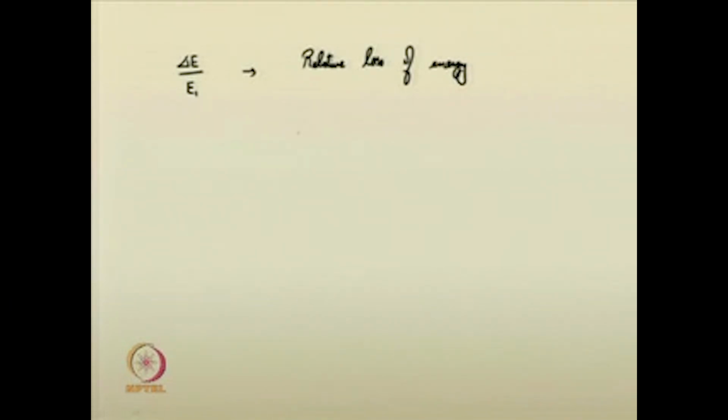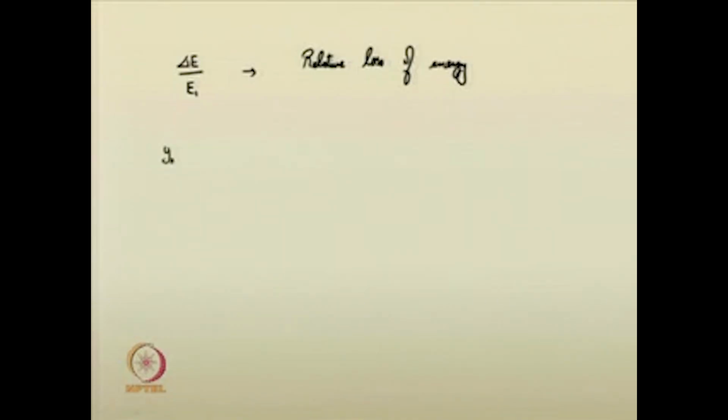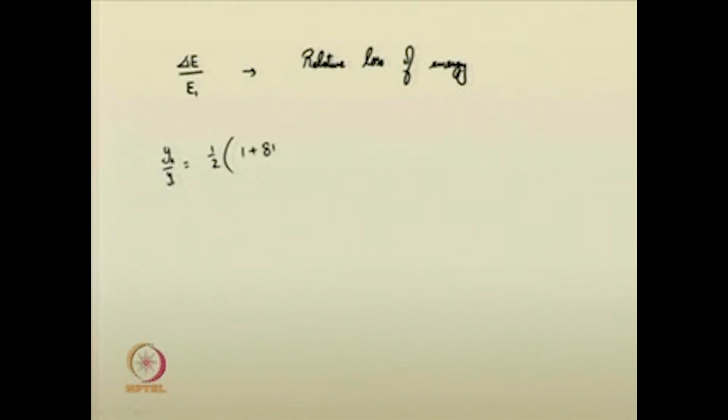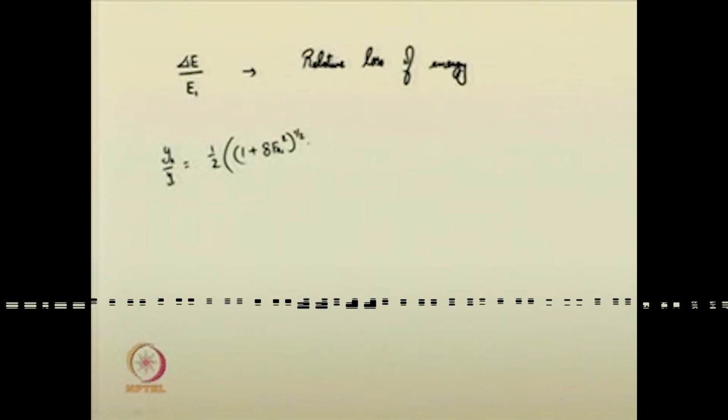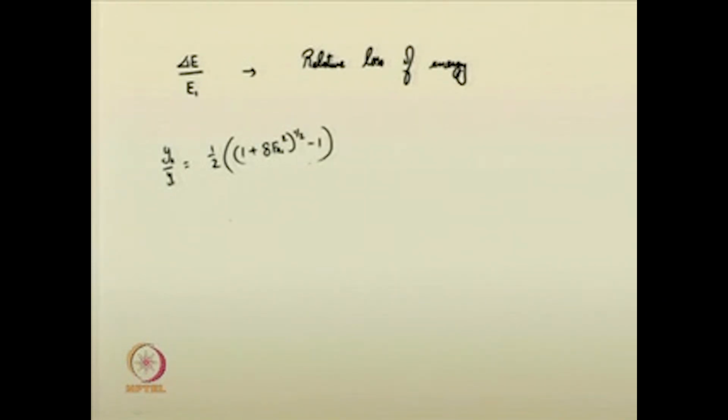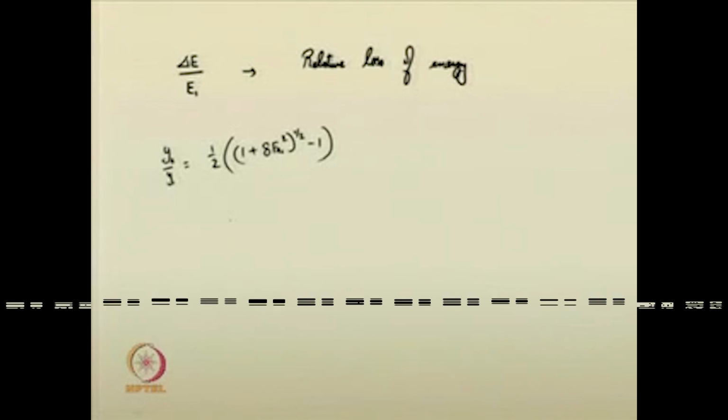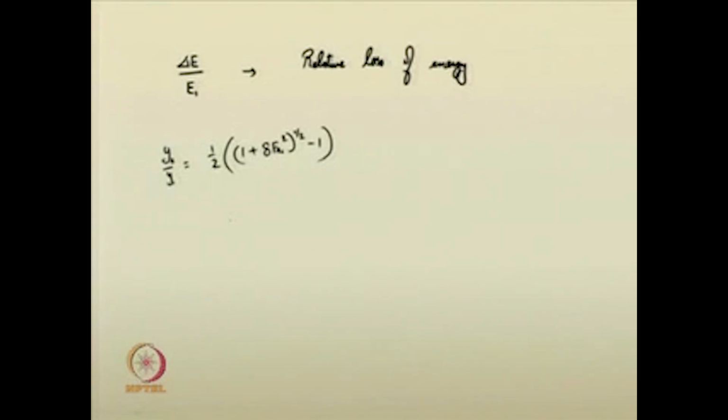If you find their corresponding ratios, and incorporate the relationship y2 by y1 is equal to half of (1 plus 8 Fr1 squared) to the power of half minus 1, you will get the relative loss of energy in terms of Froude number. That is also quite a useful thing.